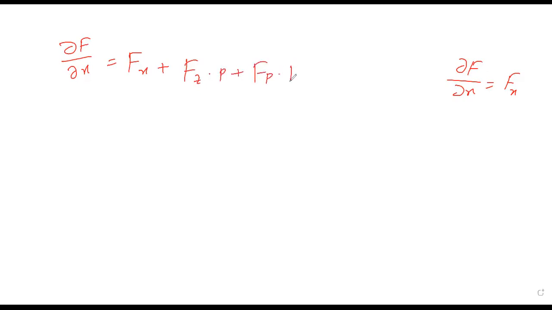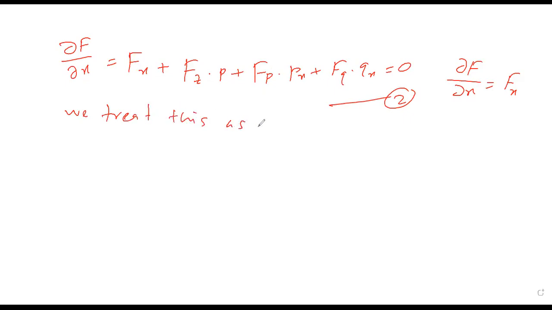Okay, now let's continue. So our ∂f/∂x can be simplified as fx. I'm changing the notations. The next one I can write as fz of p plus fp of px plus fq of qx, which is equal to 0. Let's take this as equation 2. Now, what kind of equation is this?